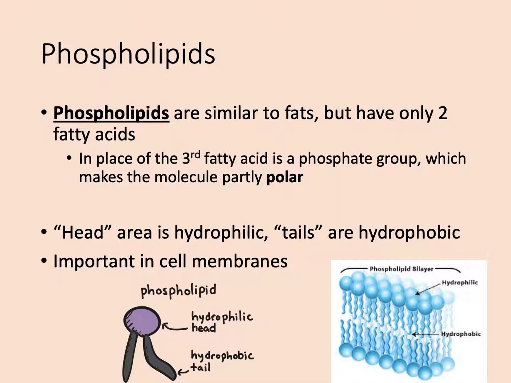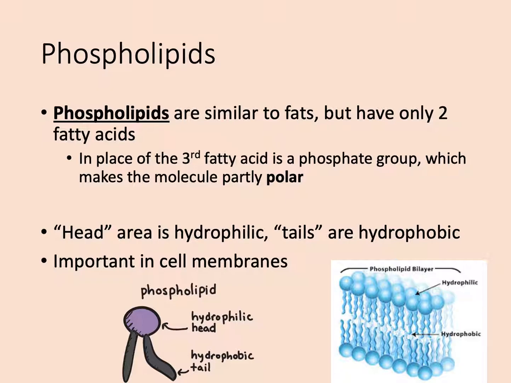Next one, phospholipids. They are similar to fats, but they only have 2 fatty acids. And in the place of that third one is a phosphate group. Remember your functional groups. Because of that phosphate group, phospholipids are both polar and nonpolar.